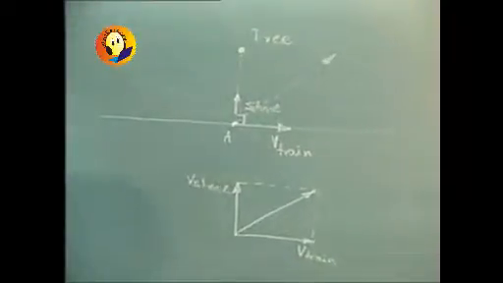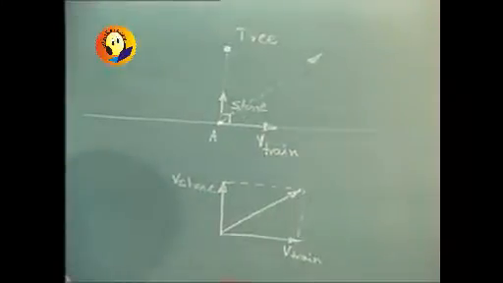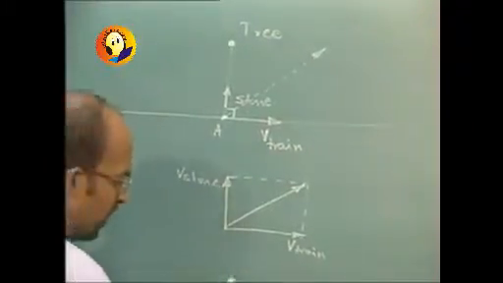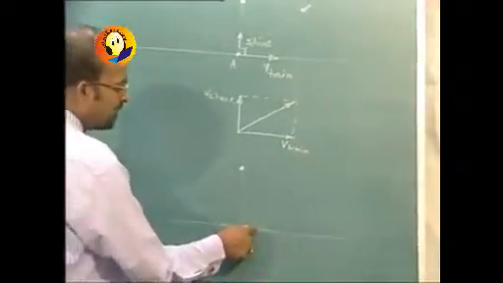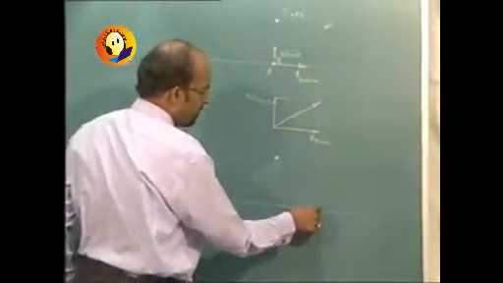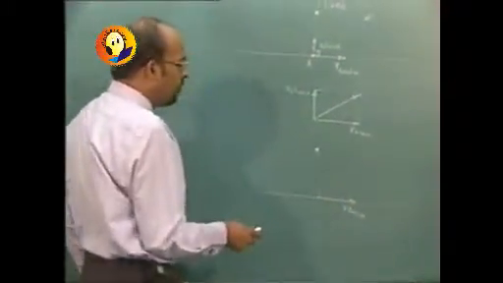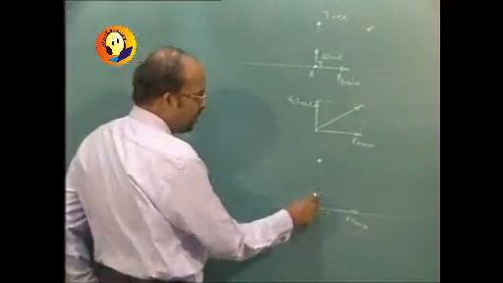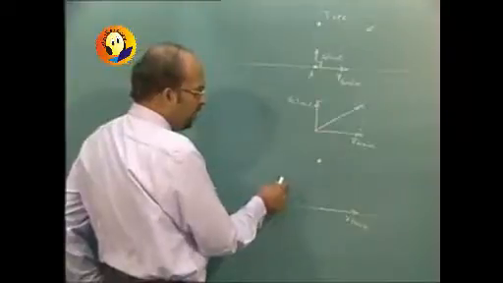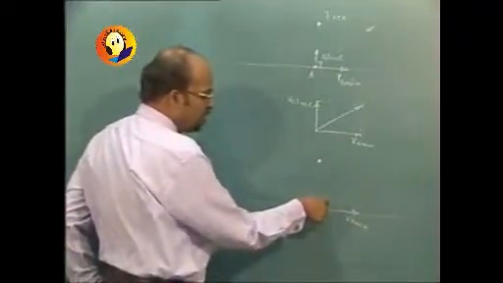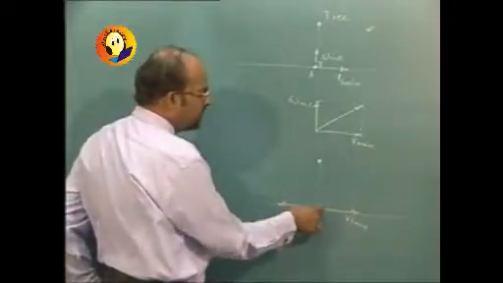Now if at all we want to hit the particular tree, then we will have to first of all consider the fact that it already has got the velocity of the train. We will have to throw it in such a manner that when we add the velocity of the train to it, the resultant should go in this direction.